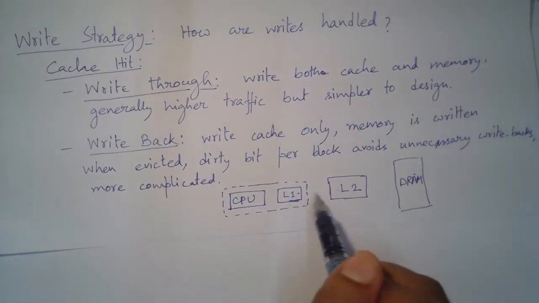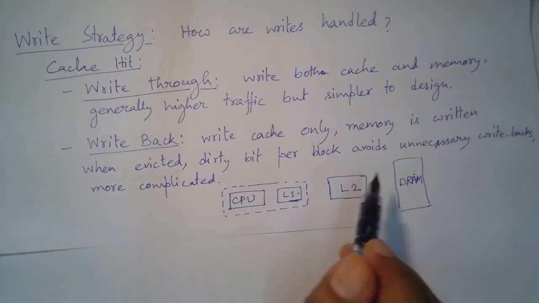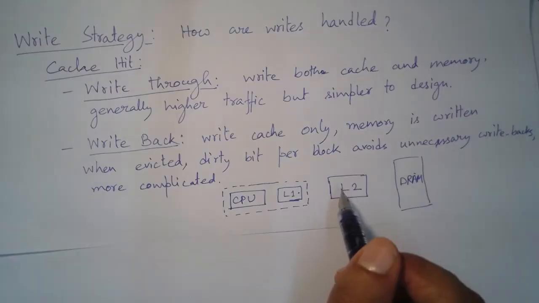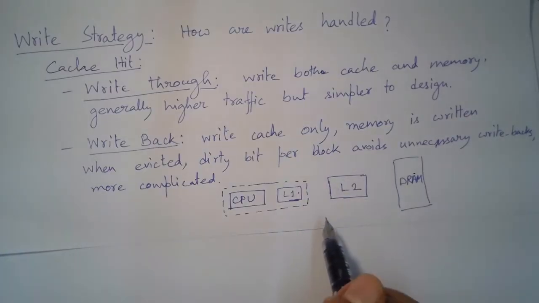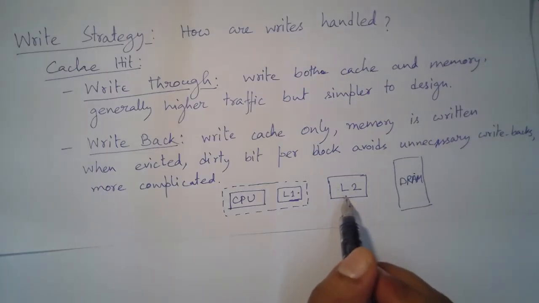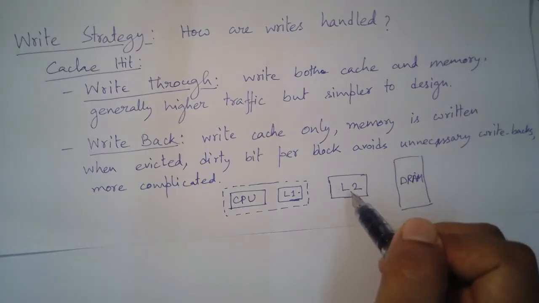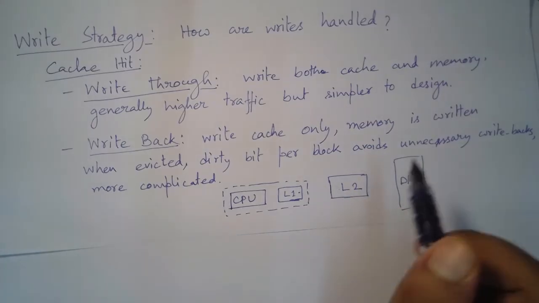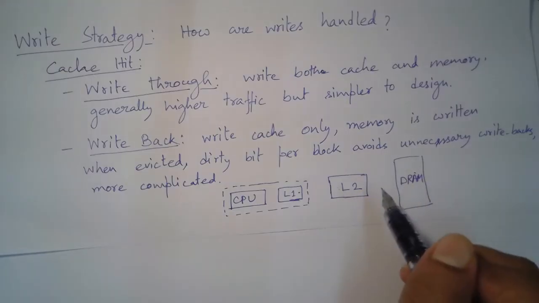Also, you don't want a difference between L1 and L2, primarily because in the case of multi-cores, cache coherence becomes a very important aspect. You need to make sure that if somebody else is using the same block of data, they get the appropriate data, and if you plan to use some data, you get the most updated data.